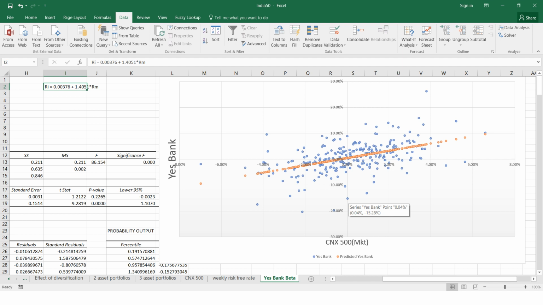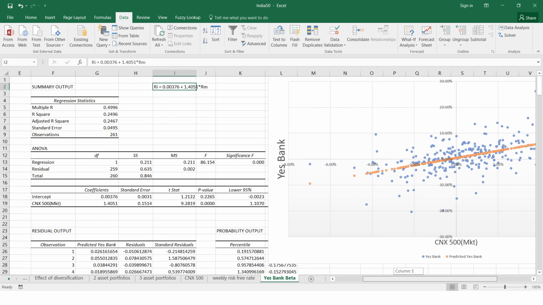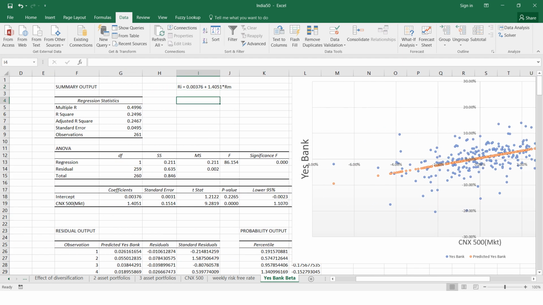So it's X and Y. This is one particular observation, and similarly I have 261 such observations, and I've used them to estimate this best fit line that you can see in orange. This is my regression line, this is the equation of that regression line, and these are my outputs.